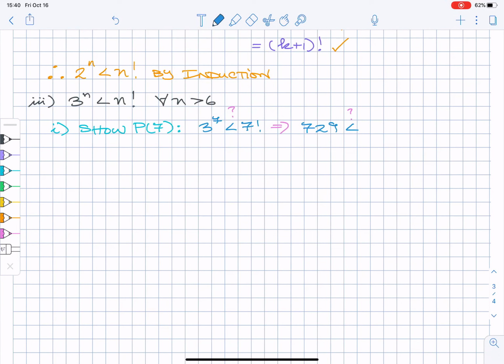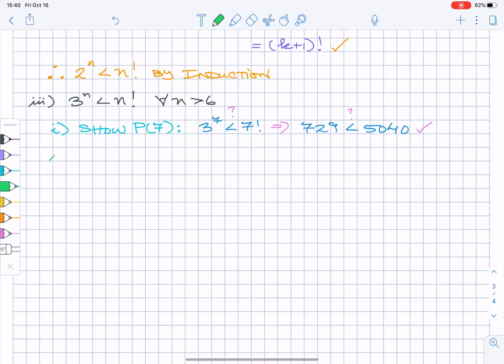So 5 factorial is 120, then 6 factorial will be 720, so 7 factorial should be 5040. And check mark, it is true, right?